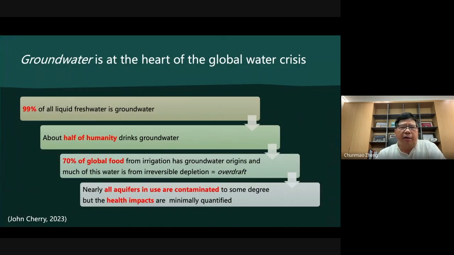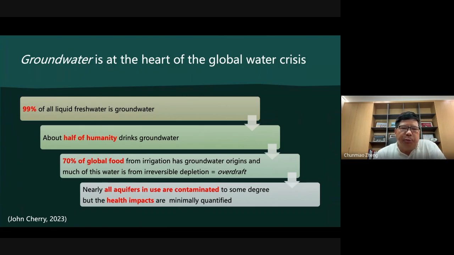He mentioned that groundwater is at the heart of a global water crisis, with some statistics: 99% of all liquid fresh water is groundwater, and about half of humanity drinks groundwater. In some countries the percentage is much higher. For example, in Denmark, over 90% of people drink groundwater.